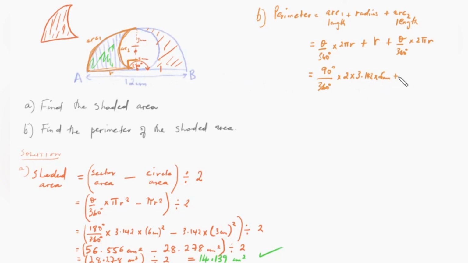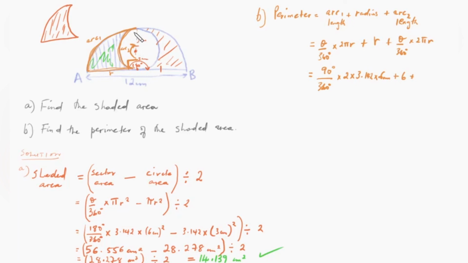Then we are going to say plus radius is 6, this one. Then plus theta, we are looking at this. Now for that one, it's a semicircle.